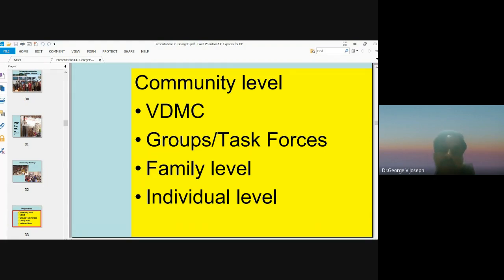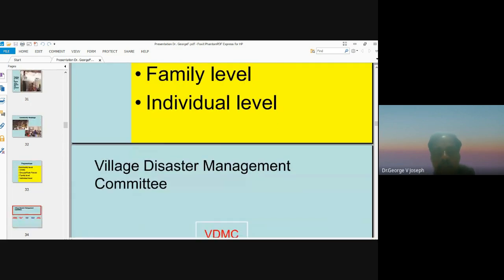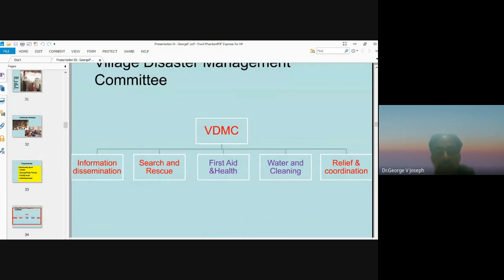That process needs to be initiated, and intermediary agencies like NGOs or civil society organizations can act as a catalyst for this. Village disaster management committees or teams can be developed for information dissemination, search and rescue, and first aid.